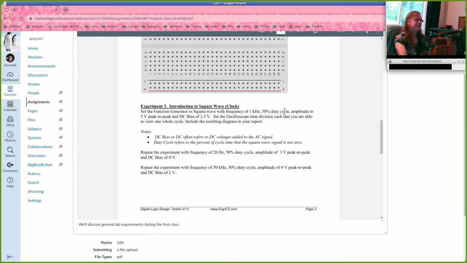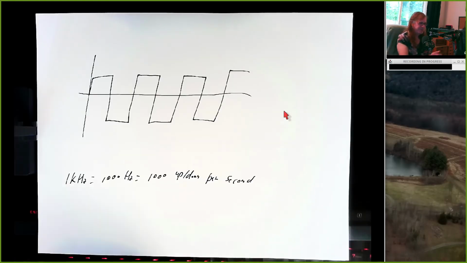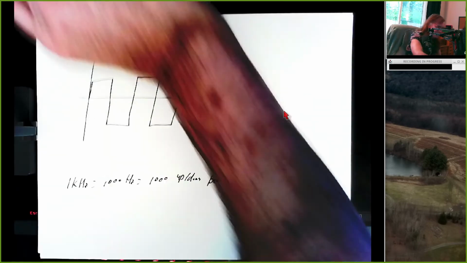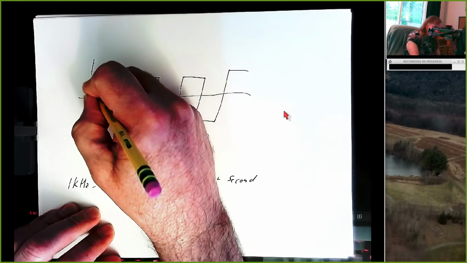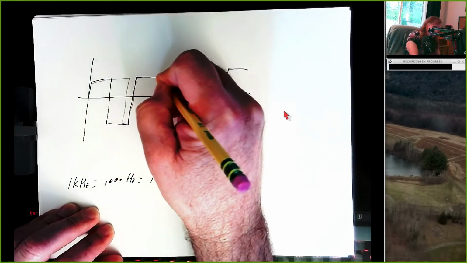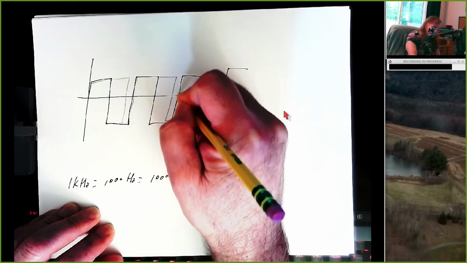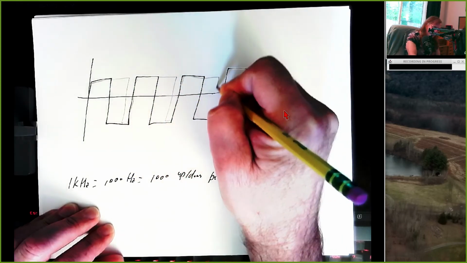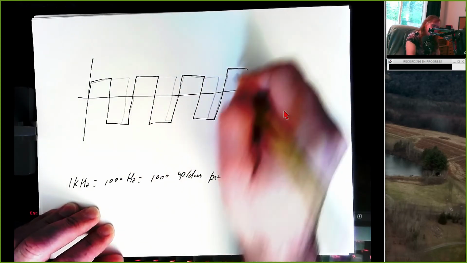And then this notion of duty cycle. Well, it might be going up and down 1,000 times per second, but it could be doing something like this. It could be going up and staying up for a long time and then dropping down. And then going up, staying up for a long time, dropping down, and so on.